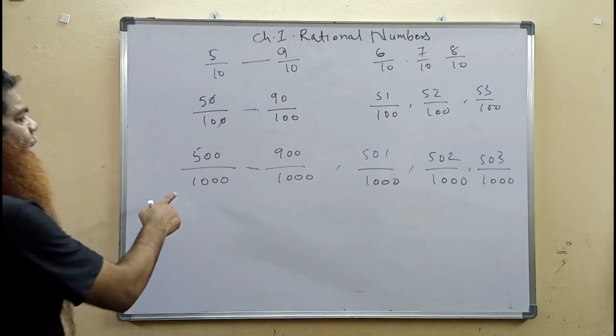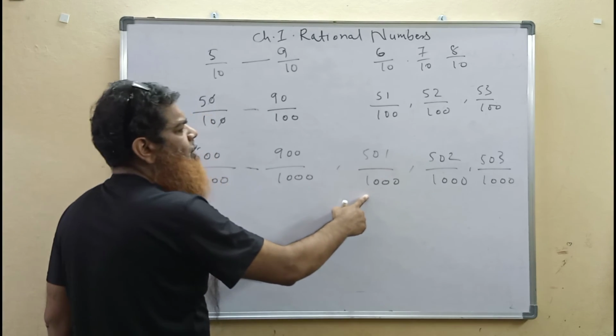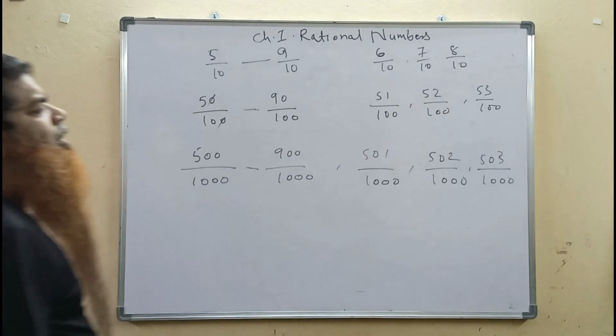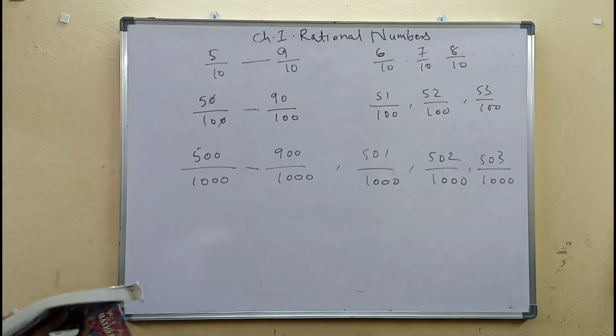When we make it 500 by 1000, we can write 501 by 1000, 502 by 1000, 503 by 1000, and so on. In this way, we can go on inserting the required number of rational numbers. So 501 by 1000 is less than 502 by 1000. It is less than 503 by 1000.